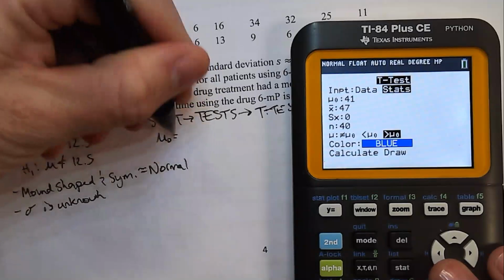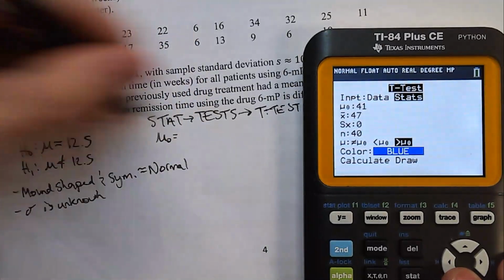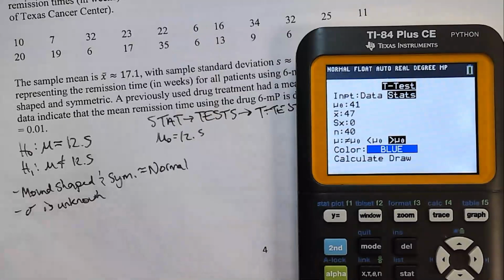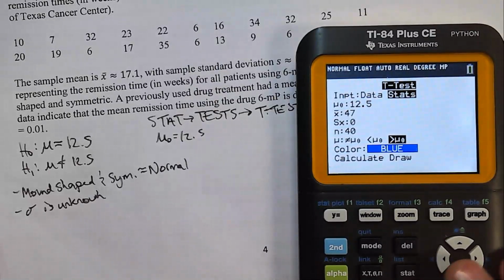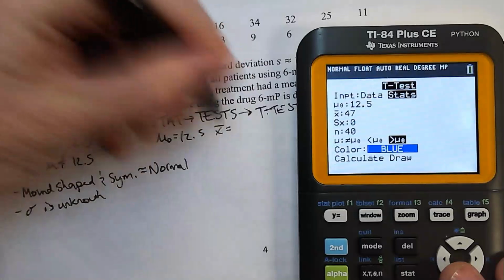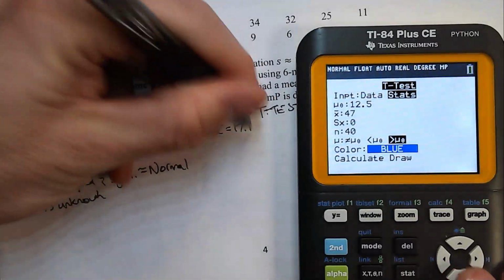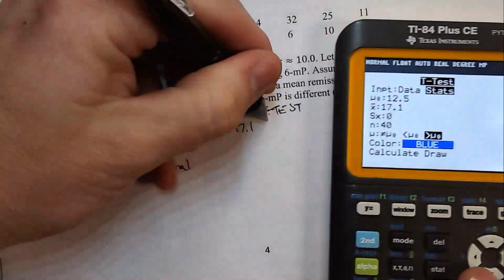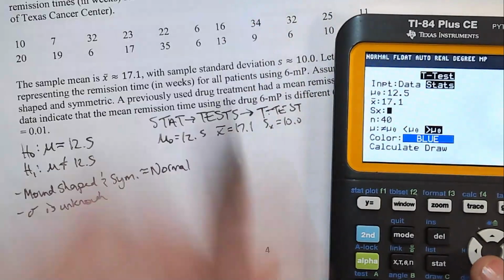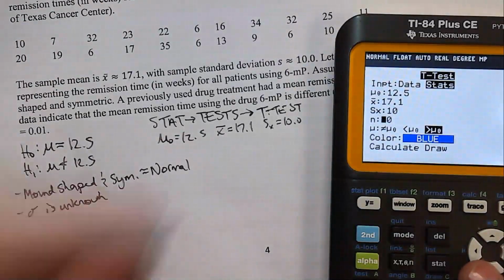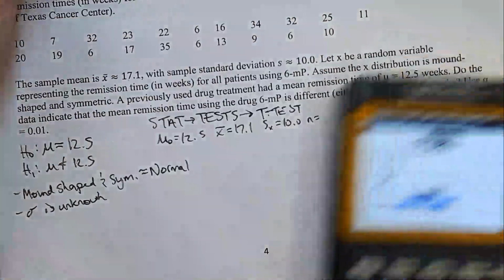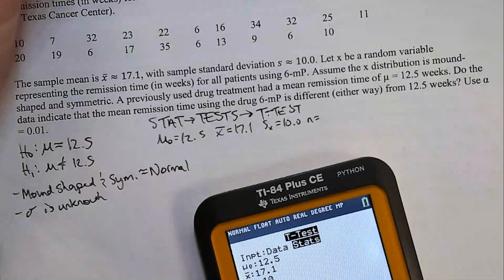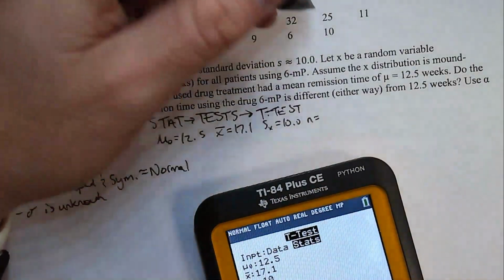You don't have to write all this down. X bar is the sample mean, 17.1. S of X is the sample standard deviation, that's 10.0. And N is the sample size, and I've got 21 patients, so it'll be 21.